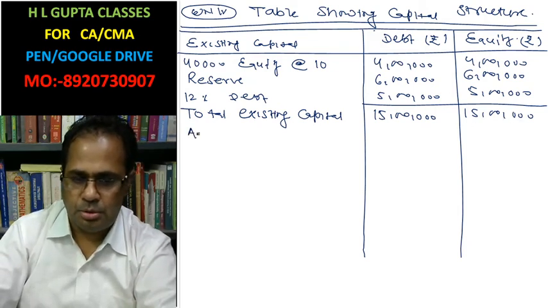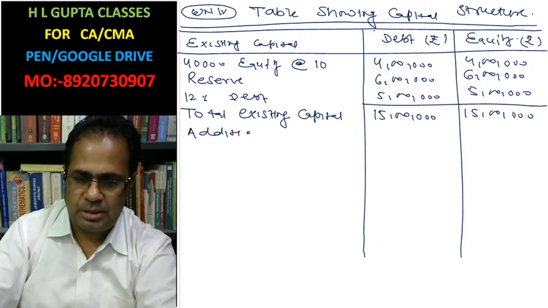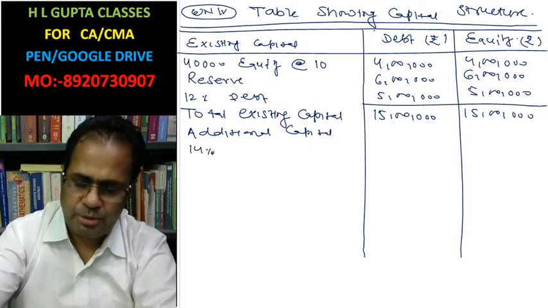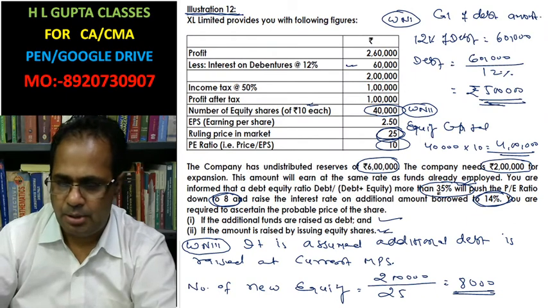Now, additional capital. Additional debt is raised at 14%. In the question it is given.